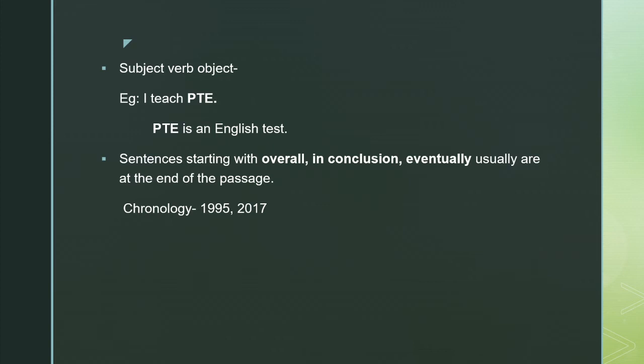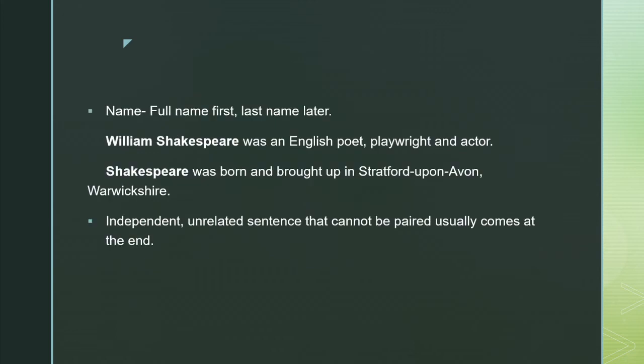And if you see any sort of chronology, like an order, numerical order or numerical data, or if there is a need to arrange those data in a particular order, you also look for sentences that contain the particular order. There are many other factors and tips also. You can see that on our website. So these are some of the tips that I gave you here. This is how you can find a connecting sentence or you can find the order.